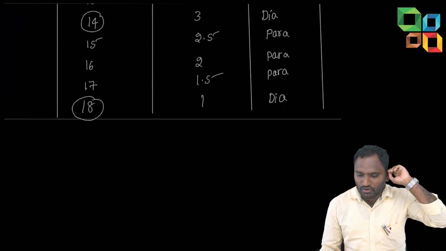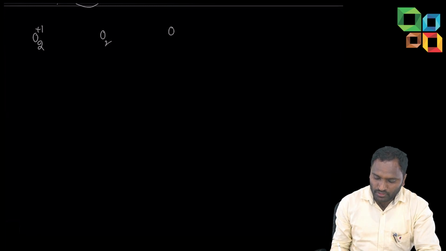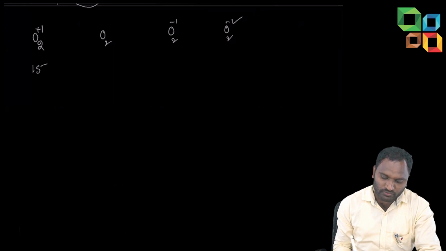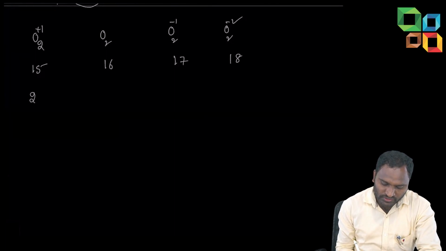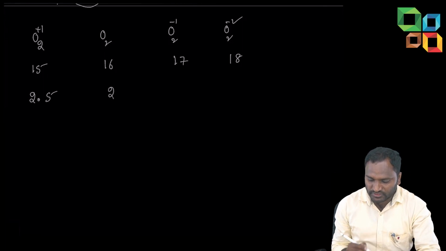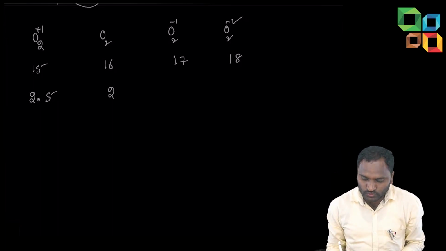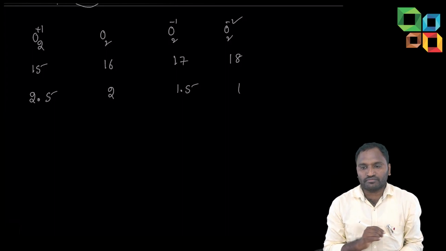Done, students. So now we will apply what we did so far to the molecules. O2 plus, O2, O2 minus 1, O2 minus 2. It is a very simple technique; you can save a lot of time in the examination. Here O2 plus contains how many electrons? 15. Here 16, 17, 18. 15 electrons, bond order is 2.5. 16 electrons, bond order is 2, just decreasing 0.5, 0.5. 17 electrons, bond order is 1.5. 18 electrons, bond order is 1, from the table.